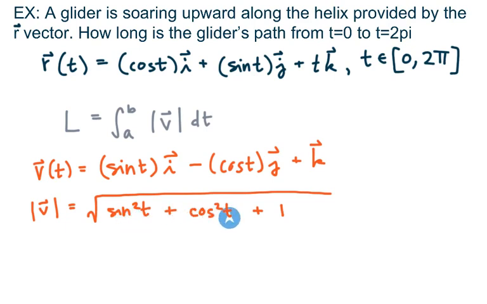Sine squared t plus cosine squared t, that's our Pythagorean identity, is 1. So this simplifies to the square root of 1 plus 1, or rather, the square root of 2. So the magnitude of v is the square root of 2.